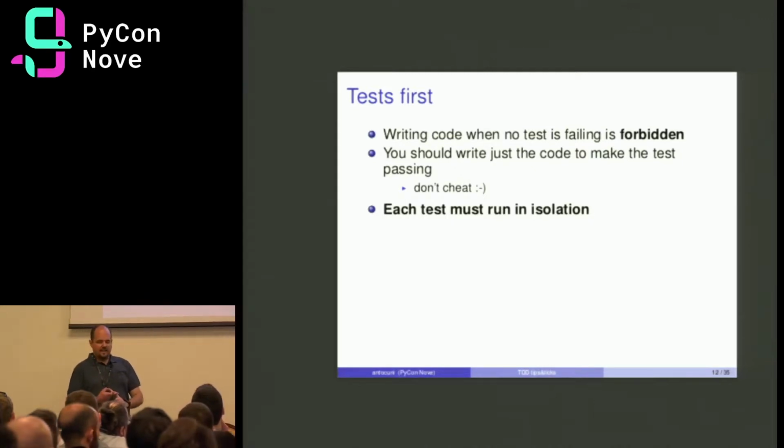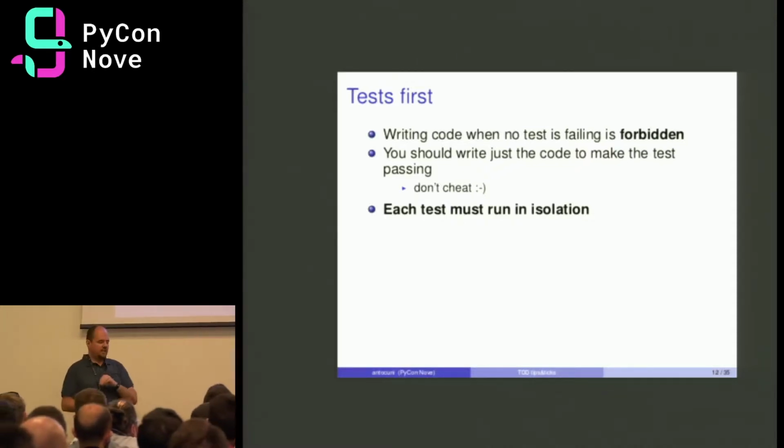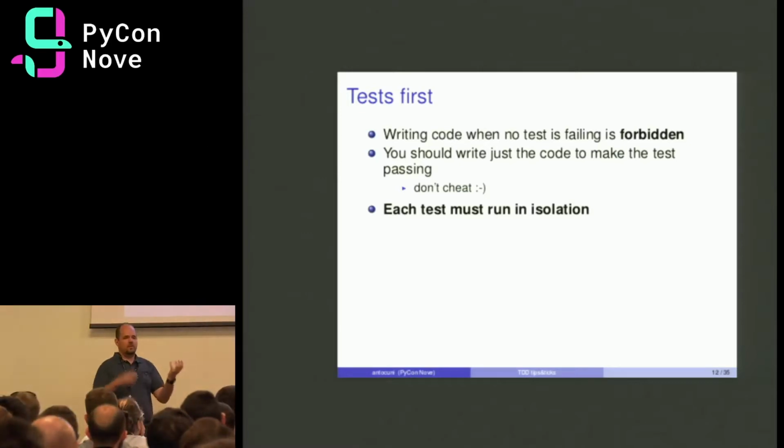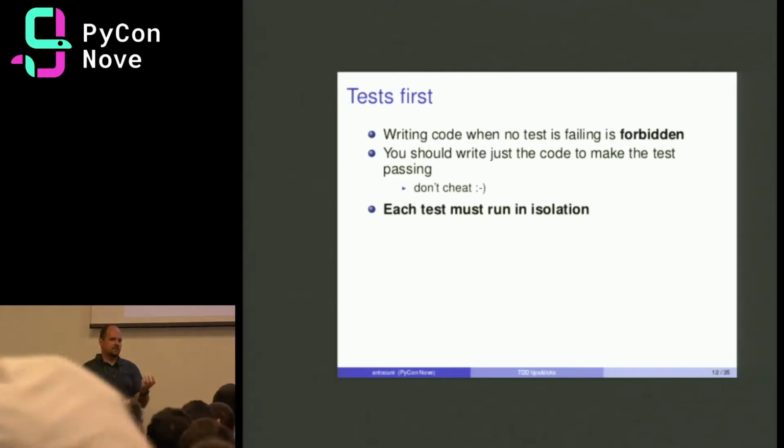This is a general theory about testing, but test-driven means something very specific, which means that the test comes first. So in general, the principle is that writing new code without having a failing test is forbidden. You should never commit code which has not a test which fails if this code is commented out, basically.